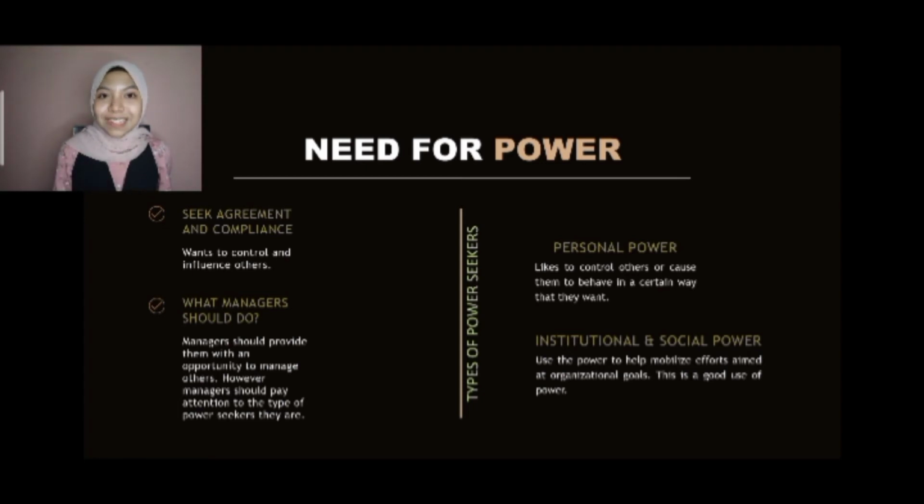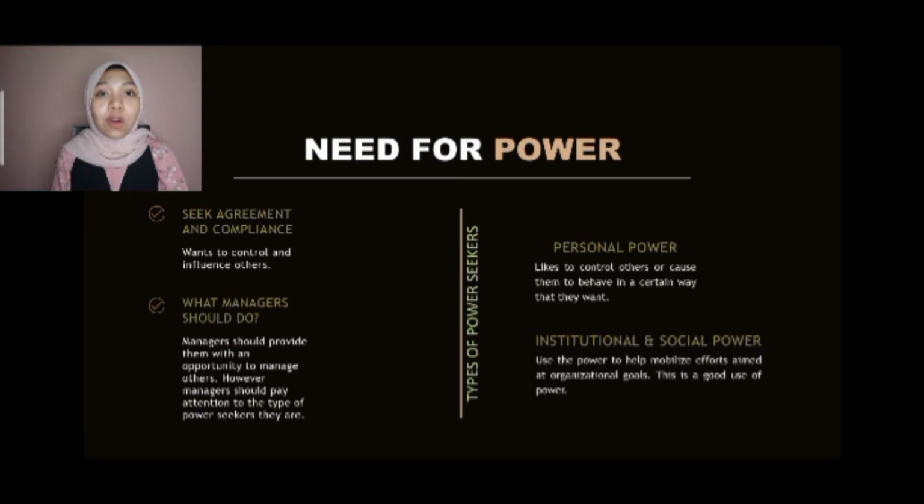However, managers should pay special attention to the type of power seeker they are, because there are two types of power seekers, which are personal power and institutional and social power. Firstly, let us look at personal power. In personal power, people like to control others or cause them to behave in a certain way that they want.